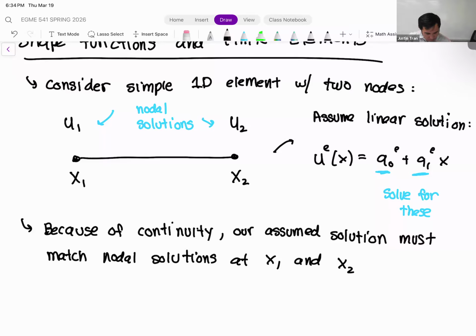All right, and so those essentially will become our Dirichlet boundary conditions, right? Because what we're going to enforce is that U^E at x1 has to equal U1, and then U^E at x2 has to equal U2.